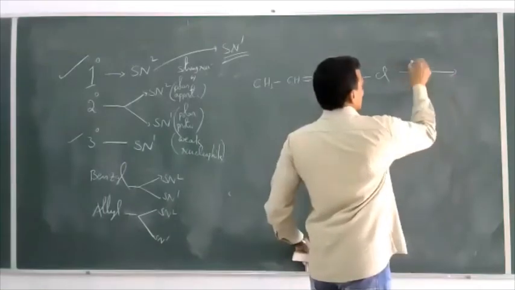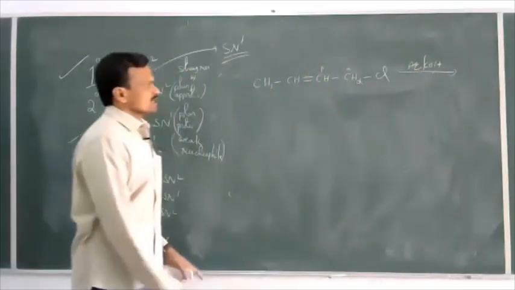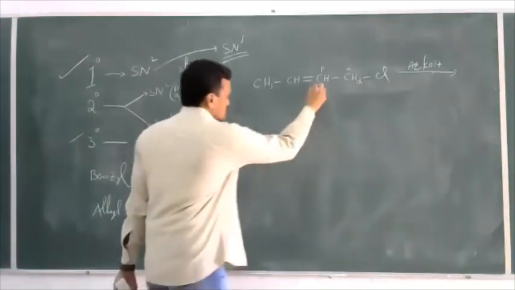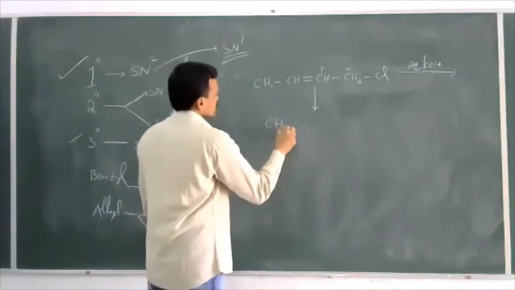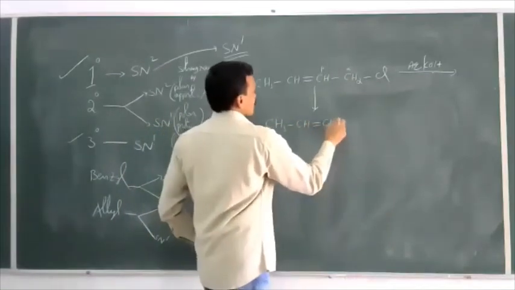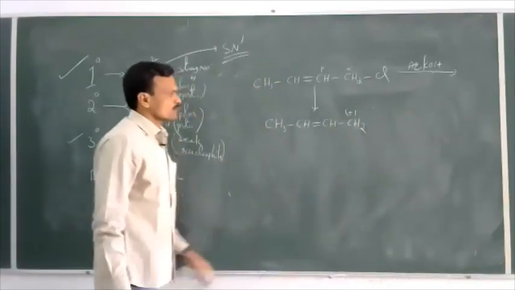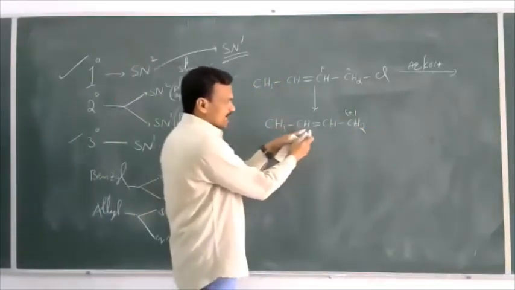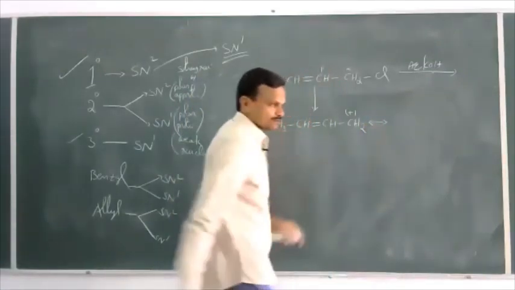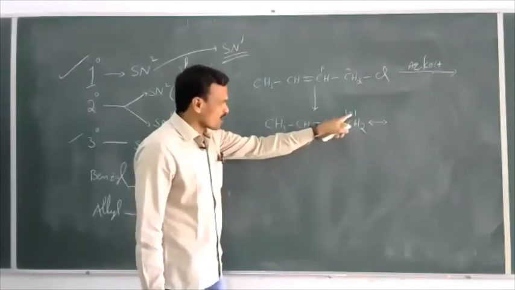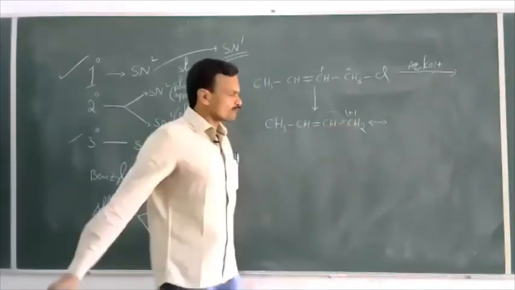If this is allowed to react with aqueous KOH, first what will happen here is this undergoes ionization to give CH3, CH double bond, CH single bond, CH2 plus. And now this carbocation can be stabilized through resonance, because this positive charge is in conjugation with this pi bond. These pi electrons will be shifted to here. Then what can we get?